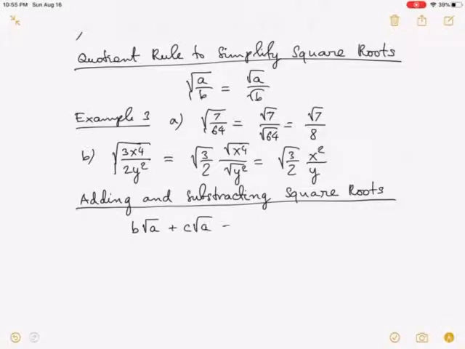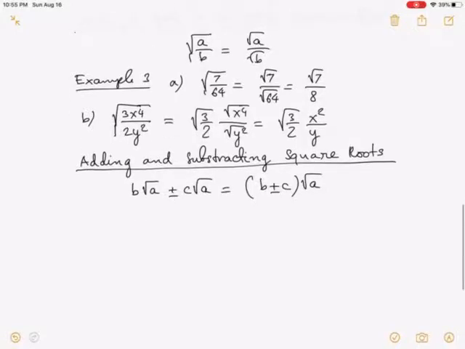For example, b square root of a plus c square root of a is the same as b plus c times the square root of a, or b square root of a minus c square root of a is b minus c times the square root of a.